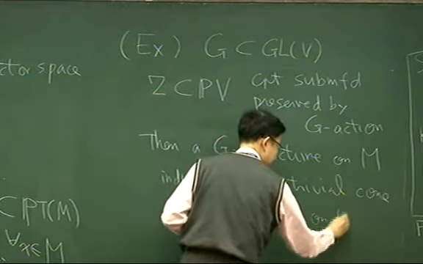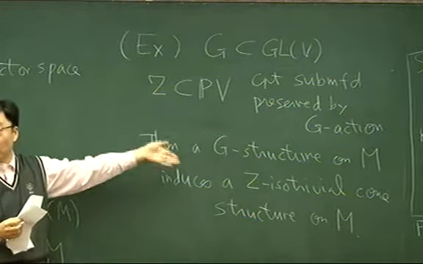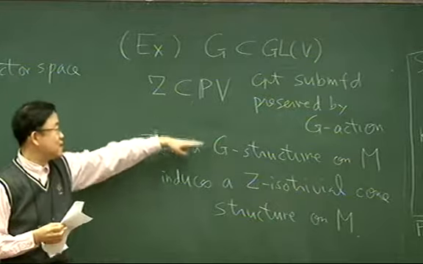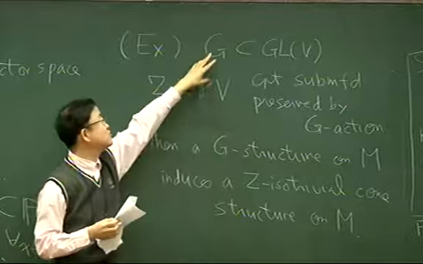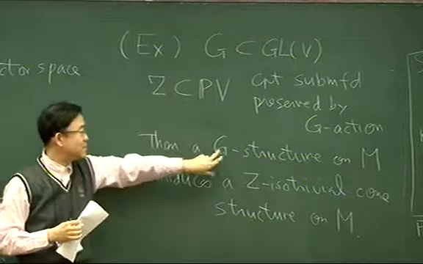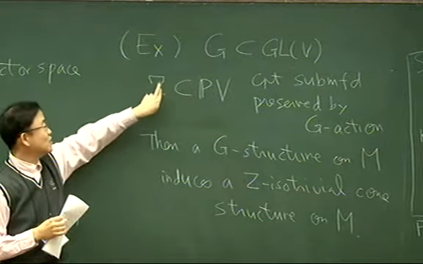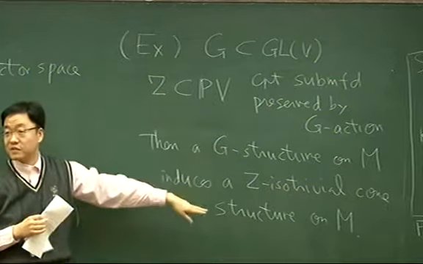Right? By just considering the natural orbits. I mean, natural isomorphism. A G structure means that you are given an isomorphism where this G action is preserved. So whenever you are given a G structure, there's a natural way to put this G inside the projective tangent space.